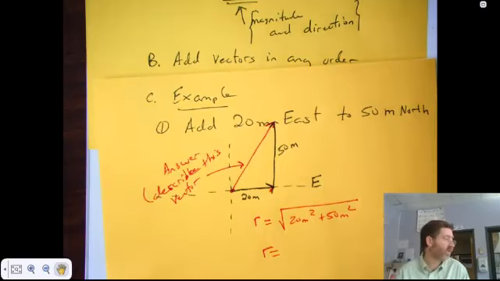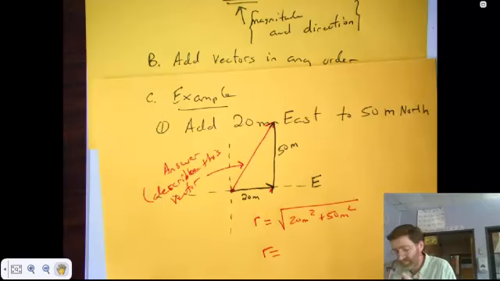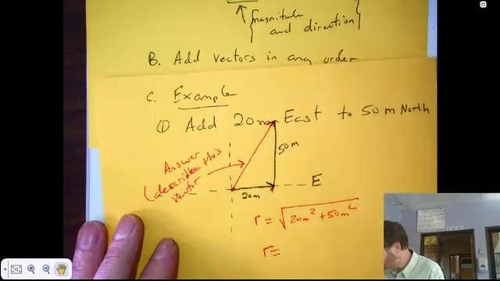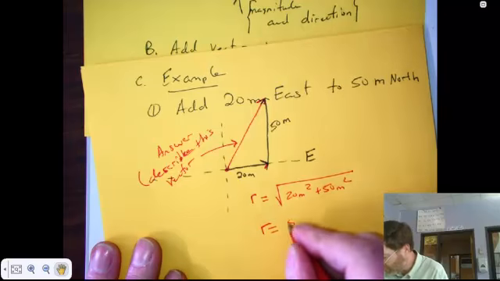Who has a calculator? We'll just approximate this, do not leave it exact. So the square root of 20 squared plus 50 squared is about 53.8 or 9, so it'll be 54 meters.